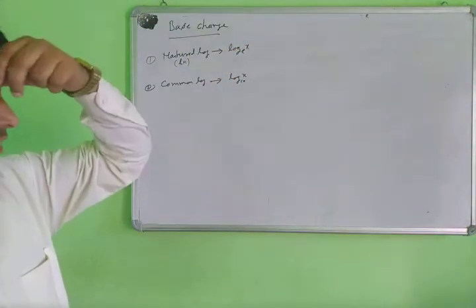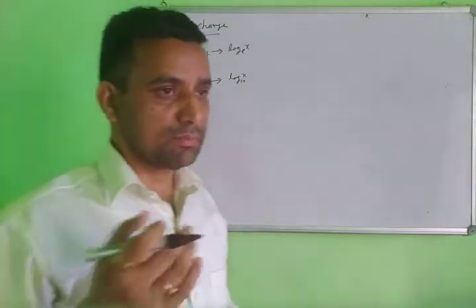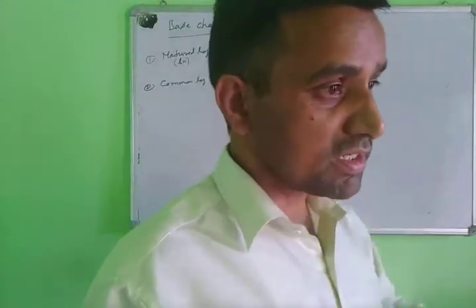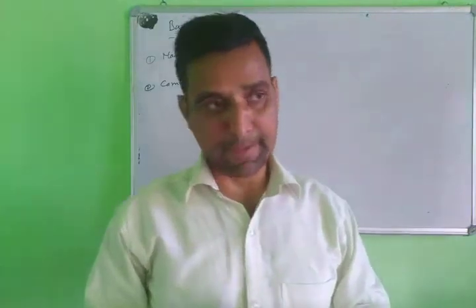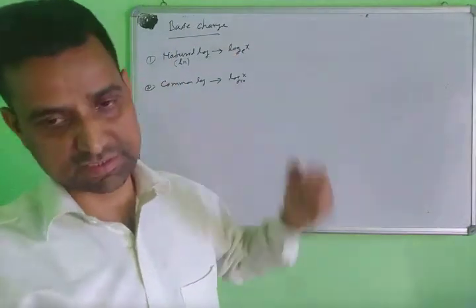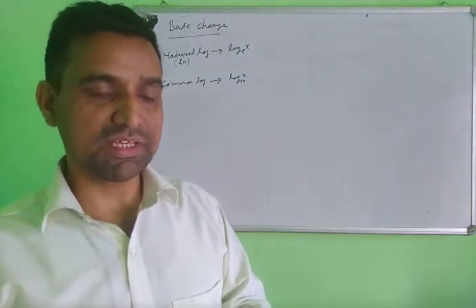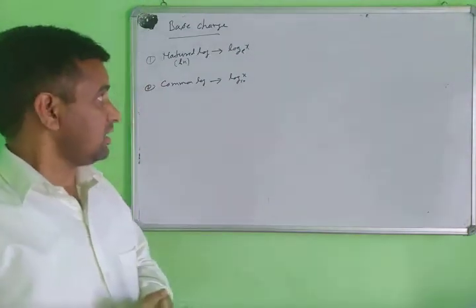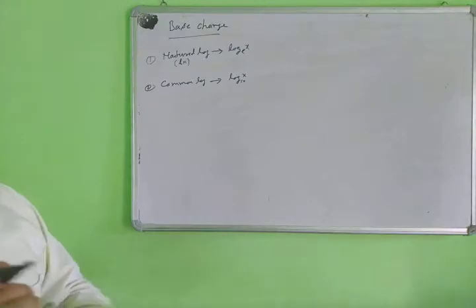First, why do we need to change the base? Because this topic is differentiability, and in differentiability the most important identity is with base e, so we require base e. Second, how do you change it?